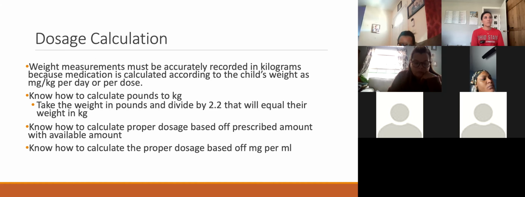Make sure that you are comfortable with calculating what the physician ordered versus what pharmacy gives you. And then being able to change your answer from milligrams to milliliters based on what the question is asking.